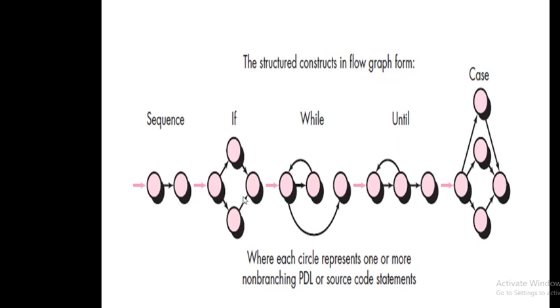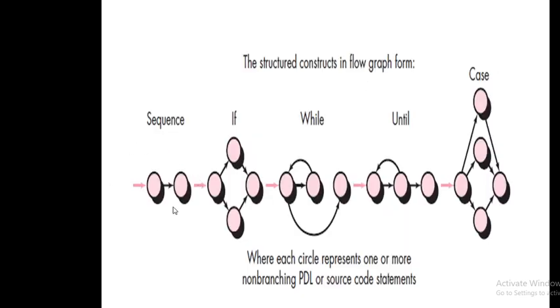For example, if your statements flow in a sequential, linear manner, one by one, the first statement executes first, then the second, then the third, the fourth, and so on. To represent that sequence in flow graph notation, we represent it in this manner.